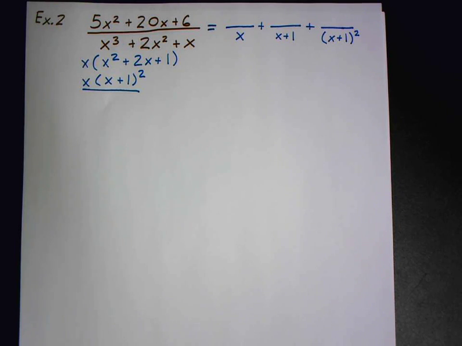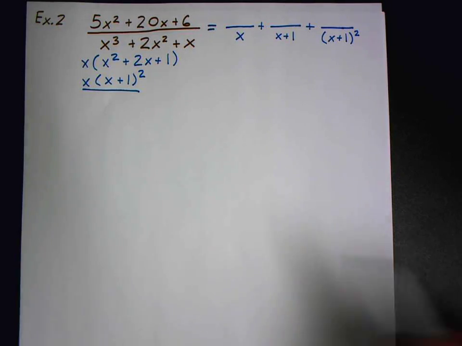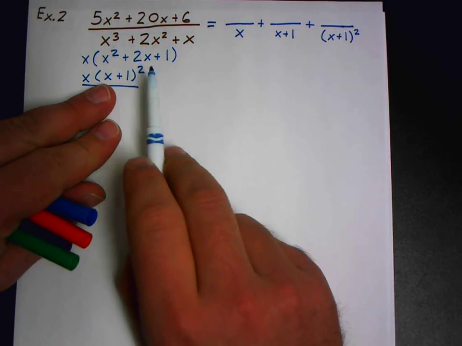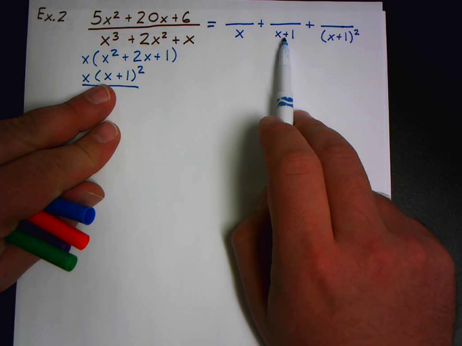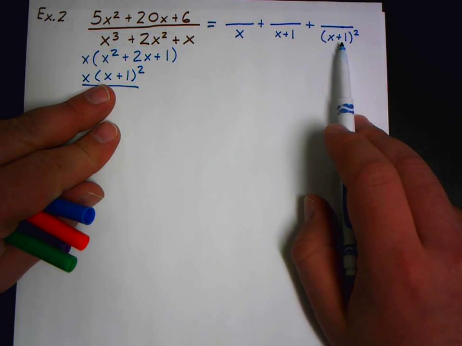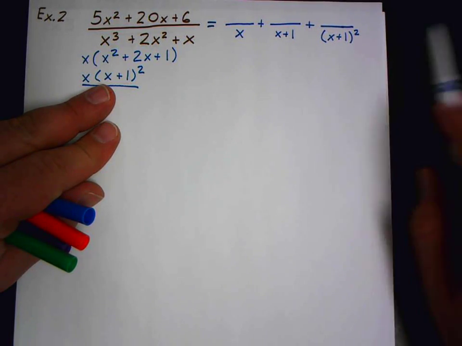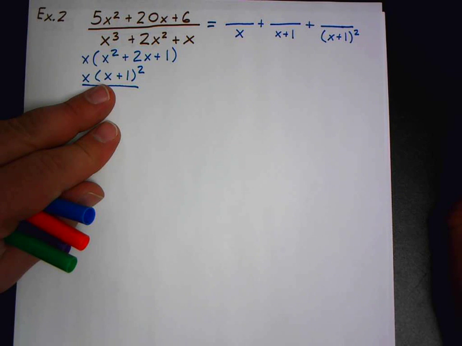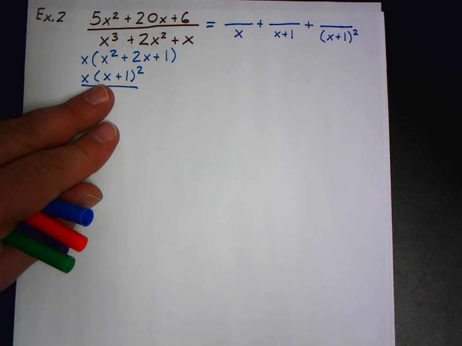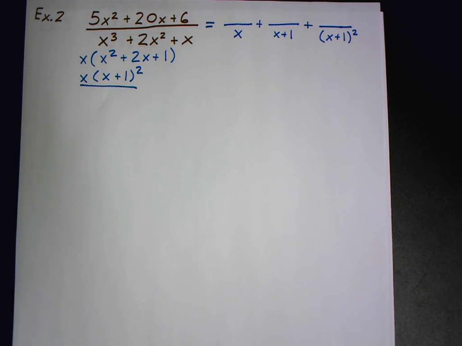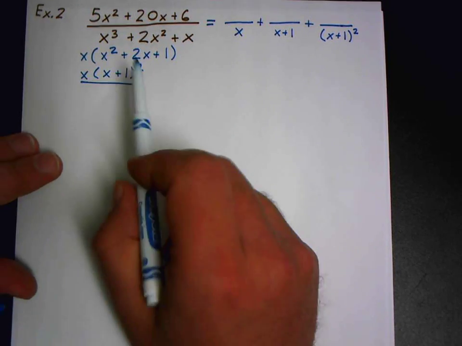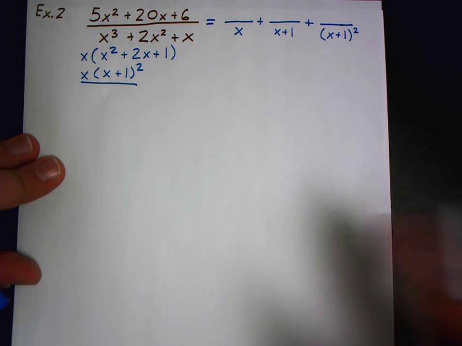So if I had something to the 4th power, like x plus 1 to the 4th power, I would do x plus 1 squared, x plus 1 cubed, x plus 1 to the 4th. No, you guys won't have anything higher than squared. I'm letting you know so you get the idea of what you would have to do. Then the squared makes a little bit more sense, hopefully. But whatever power you have out here, you have to do all iterations of it.